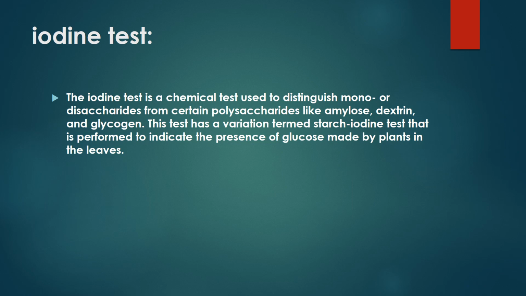The plants store glucose in their tissues as starch. So if you want to detect the presence of glucose made by plants, you can do this test, termed the starch iodine test.